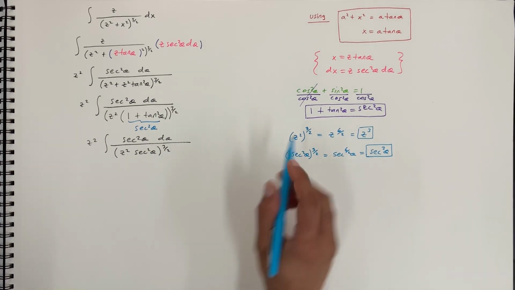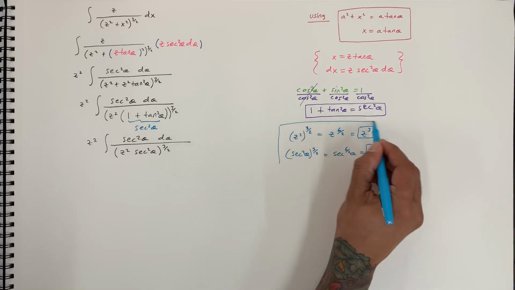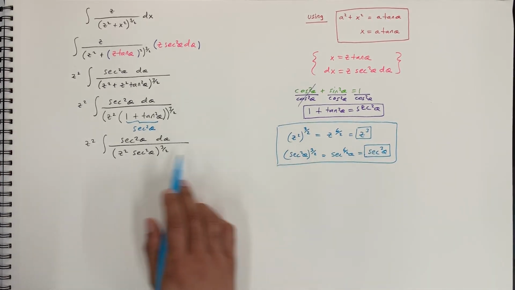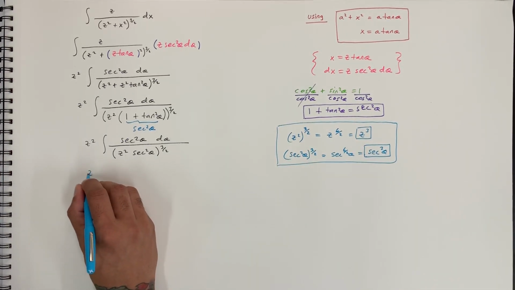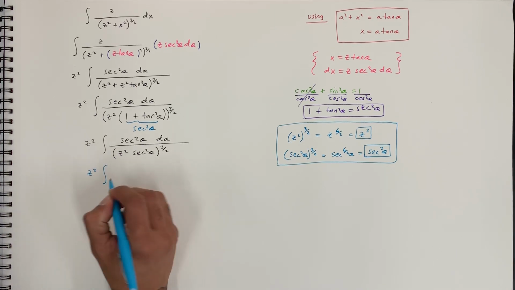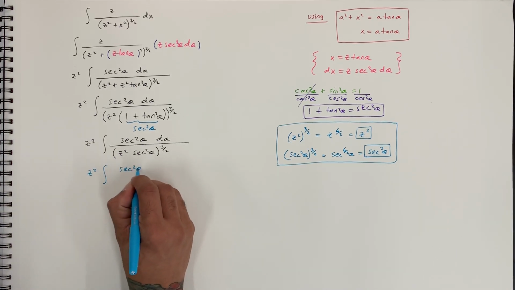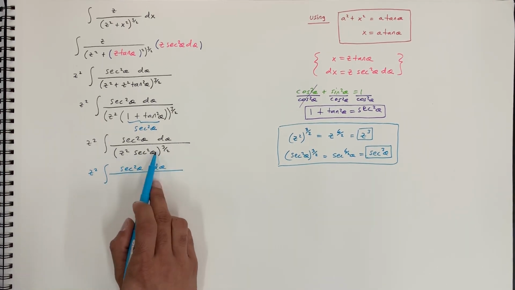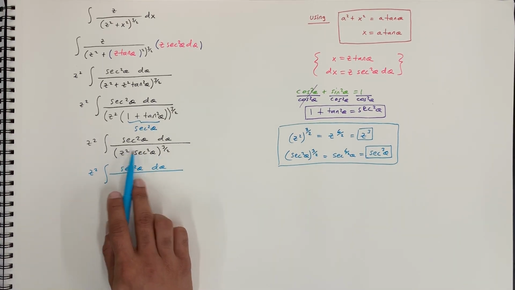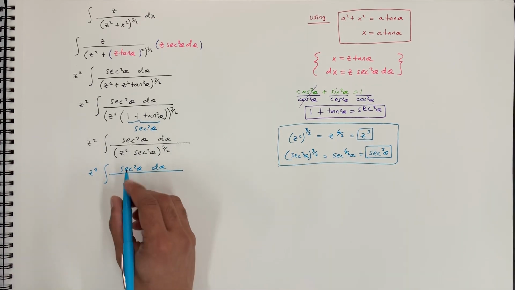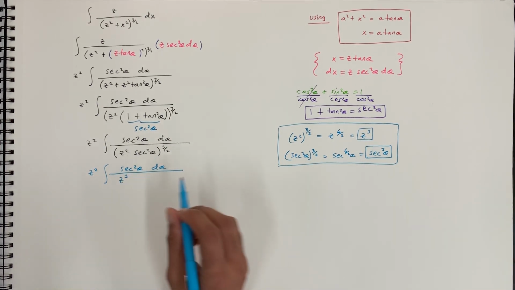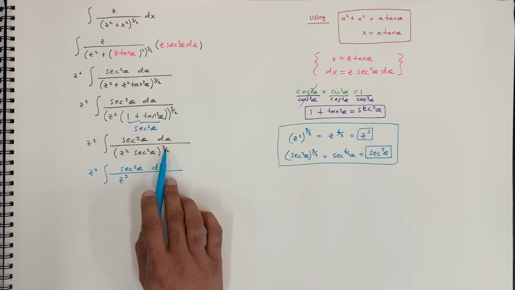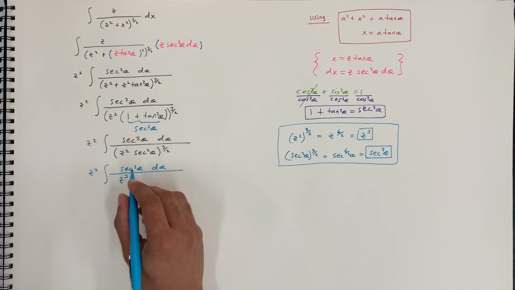Now let's write that over here. We still have the z squared from the outside, the integral of secant squared theta d theta. The top stays the same, and now the entire bottom has changed. Z squared to the 3/2 is now z to the 3rd, and secant squared to the 3/2 is now secant to the 3rd.